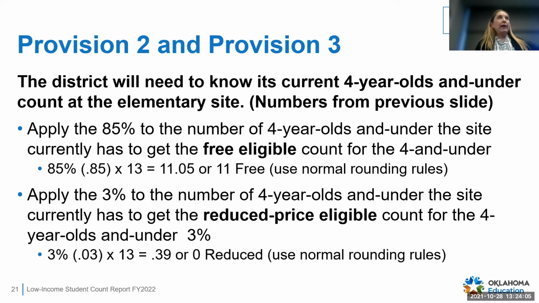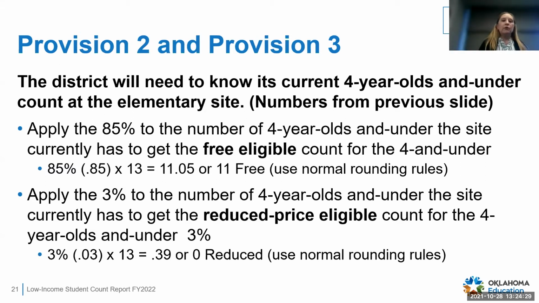So if you have 85%, you're going to apply that to get your number of those 4-year-olds that need to be included on that low income report as free. So you take your 85% times 13, you get 11.05. We're going to use our normal rounding rules, so that'll be 11 free students in the 4-year-olds.